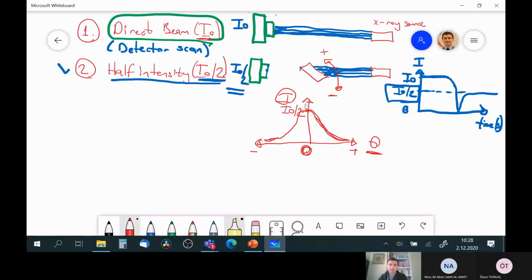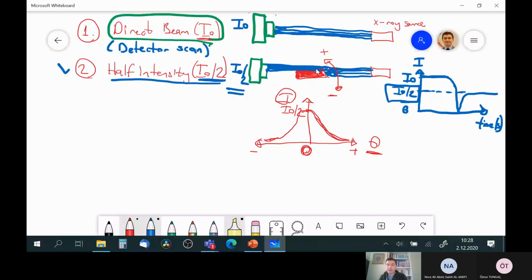But sometimes the sample is not exactly parallel to the beam, as I have told you. The sample is staying like this. Let's consider that this angle is very small and you cannot judge it by eye. Then half of the intensity goes to the detector, but the sample surface is not parallel to the beam.